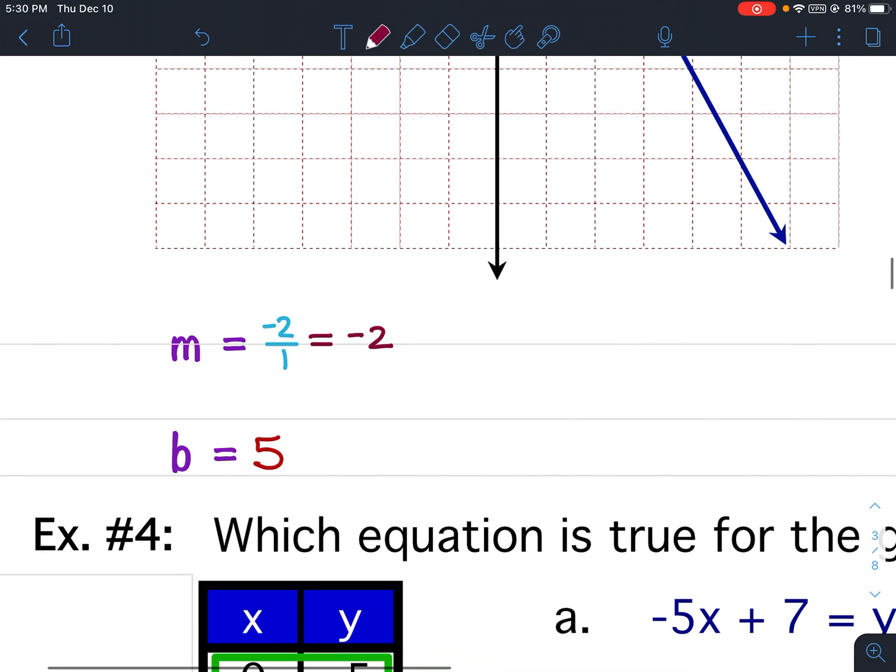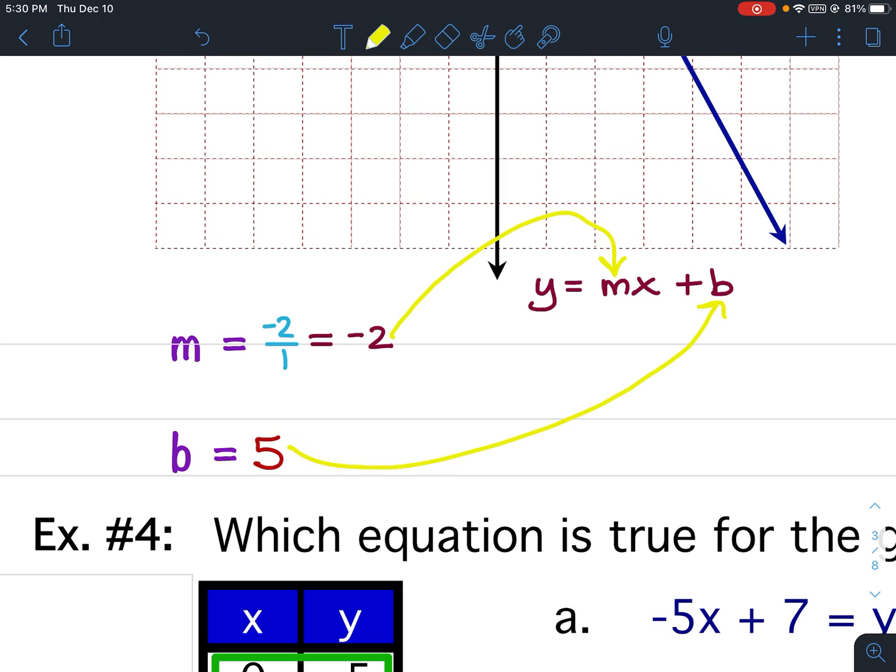All right, so now I'm going to use that information, and I'm going to plug it into the equation, y equals mx plus b. So the 5 would go in for the b, and the -2 would go in for the m. -2 replaces the m, the 5 replaces the b.